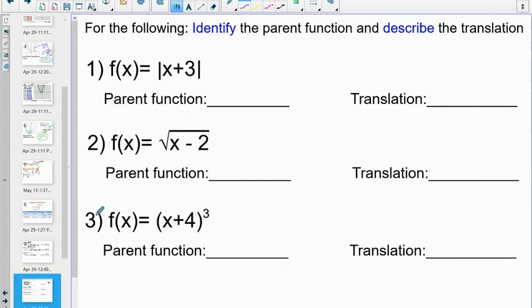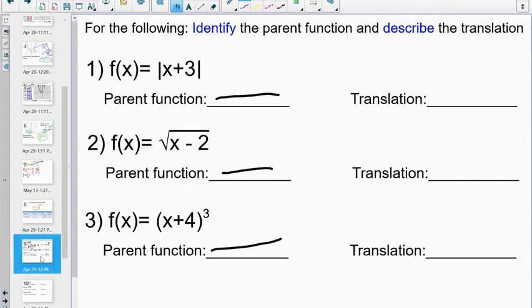Now, this is the part that was different. This is differentiating. Now these are all horizontal shifts because they are inside that grouping. Because we just described the parent functions before, we can just skip that step for now. It's the same parent function, just different equations. So the translation, since it's plus 3, if it's a plus, we know we're going left.